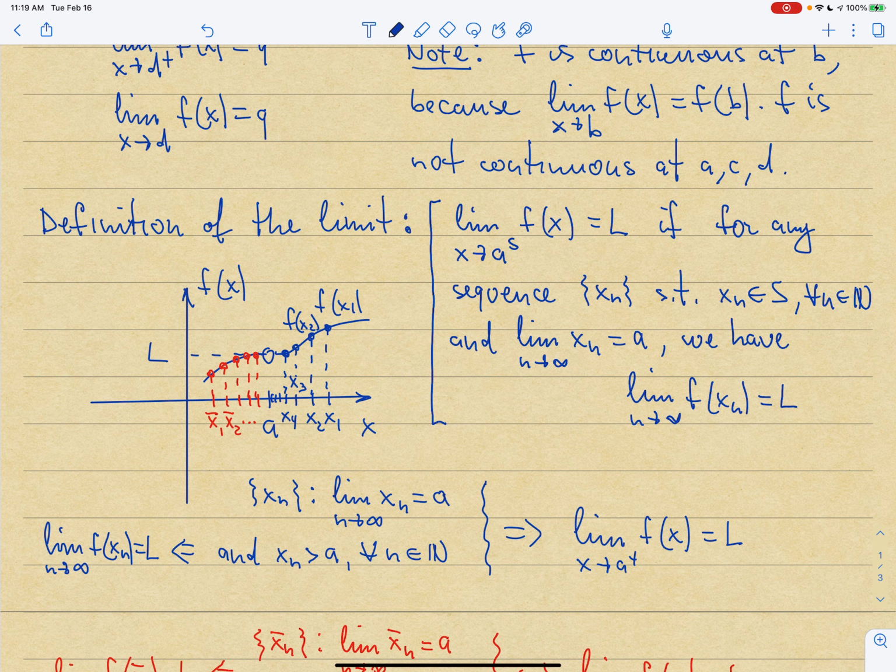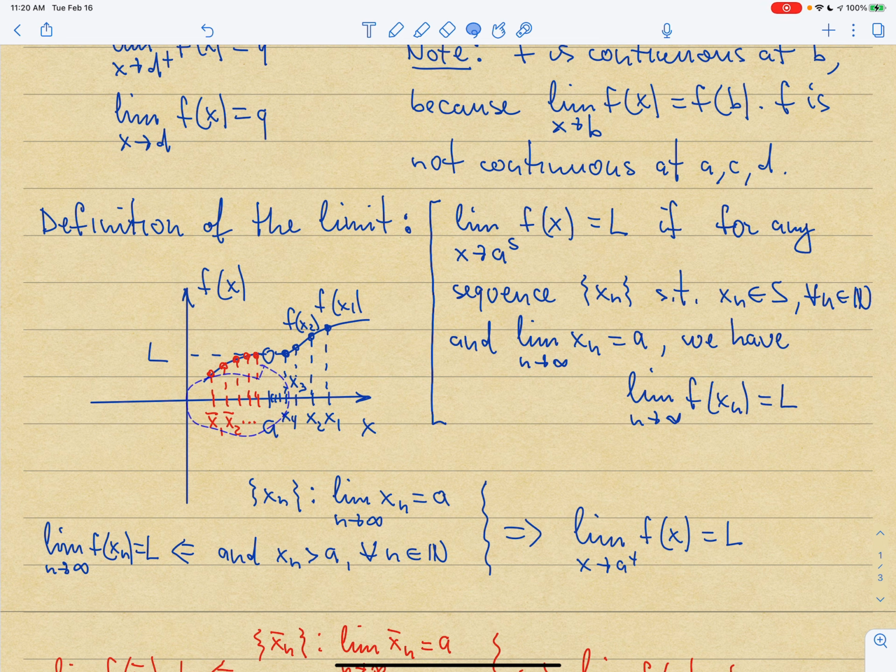Notice this is exactly like what you have in the picture. If I'm looking at the limit from the right, I'm taking a sequence xn. What is my set S in this case? In this case, set S is going to be the set of all numbers that lie to the right of A. When I take a limit from the left, again, where do I take my sequence?